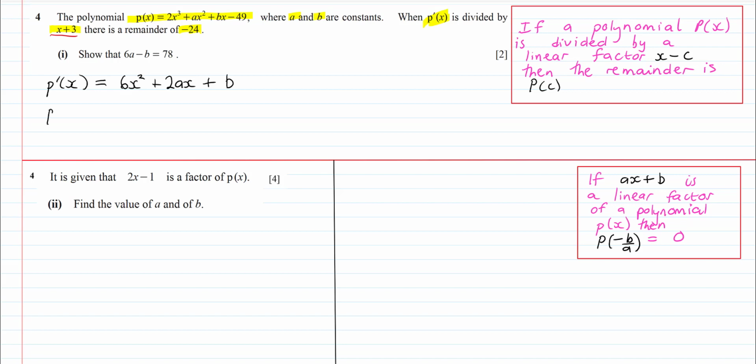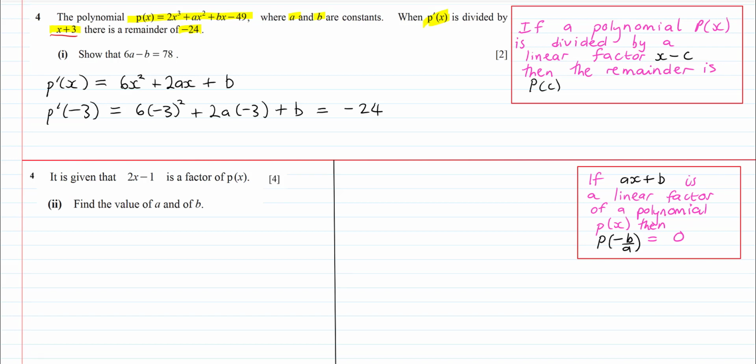So if we find p prime of negative 3, that's going to be equal to 6 times negative 3 all squared plus 2 times a times negative 3 plus b, and we know that this is equal to negative 24, because p of c is the remainder, which for our problem is p prime of negative 3, and our remainder is negative 24.